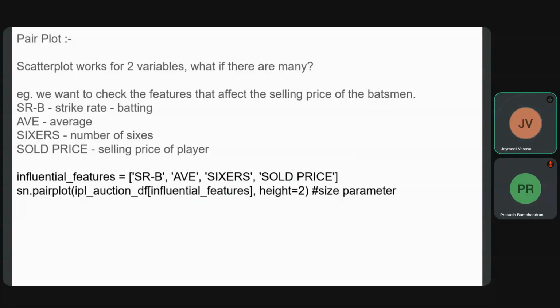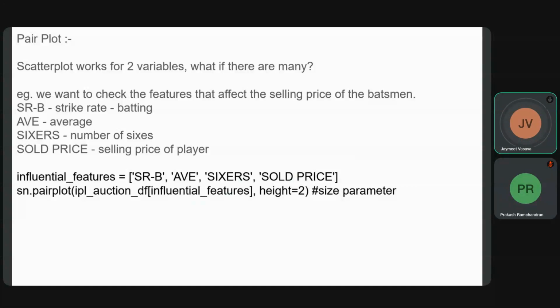That is where we will use a pair plot. So let's say we want to check the features that affect the selling price of the batsman. First is the strike rate, then average, the number of sixes the batsman has hit, and the selling price of the player. We think that these are the most important features that affect the selling price of the batsman.